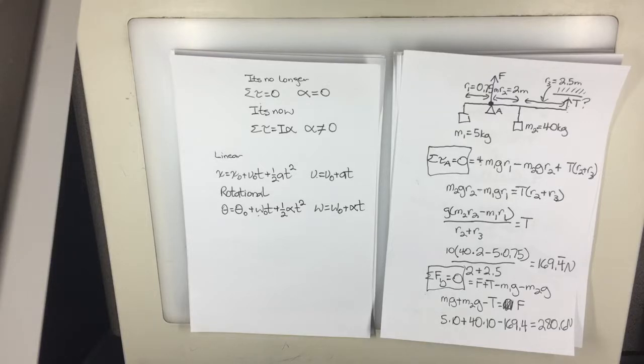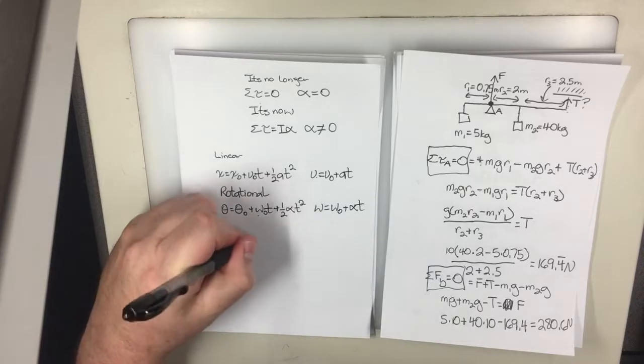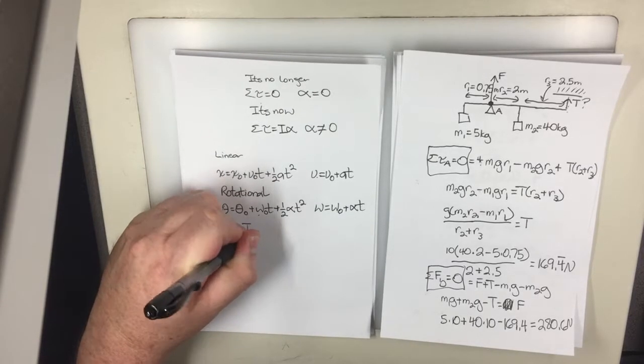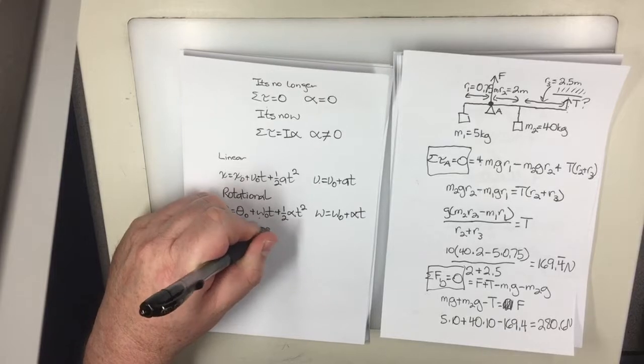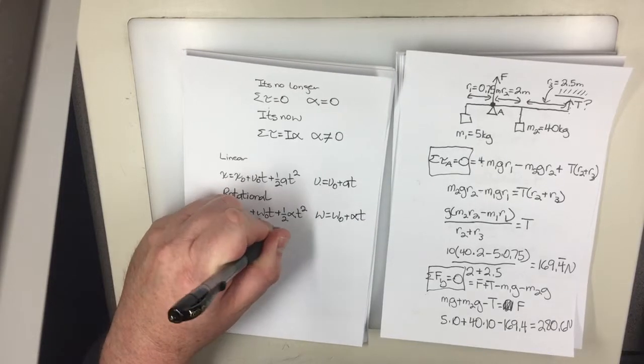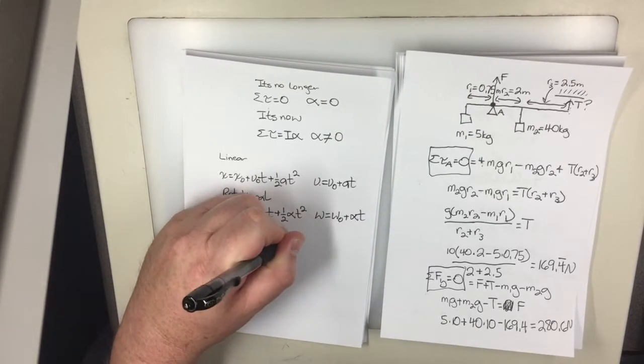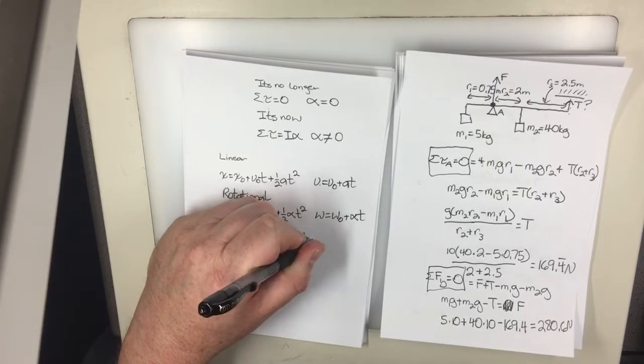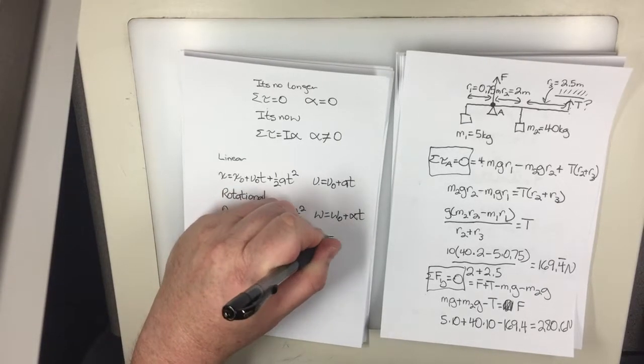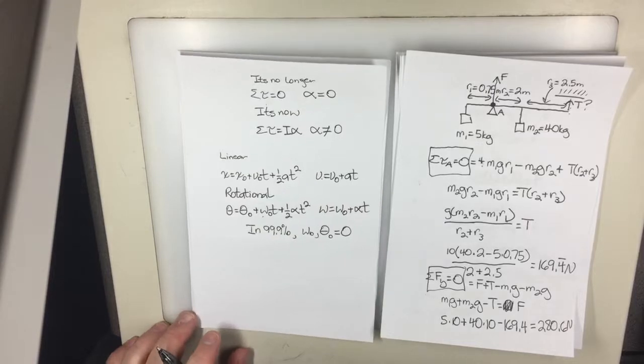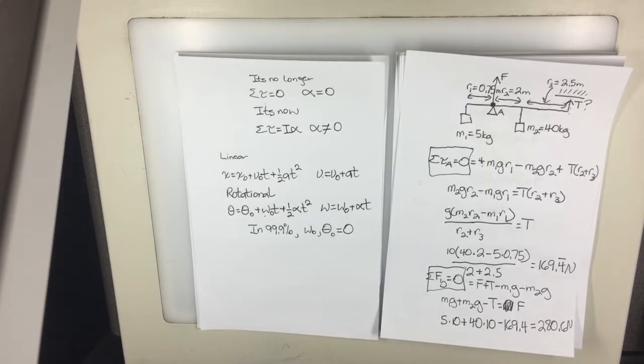The thing that happens in most of these problems, if not all, is that in 99.9% of all cases, omega naught and theta naught are both zero. That the initial rotation is zero, and that the initial position of the angle is also zero.